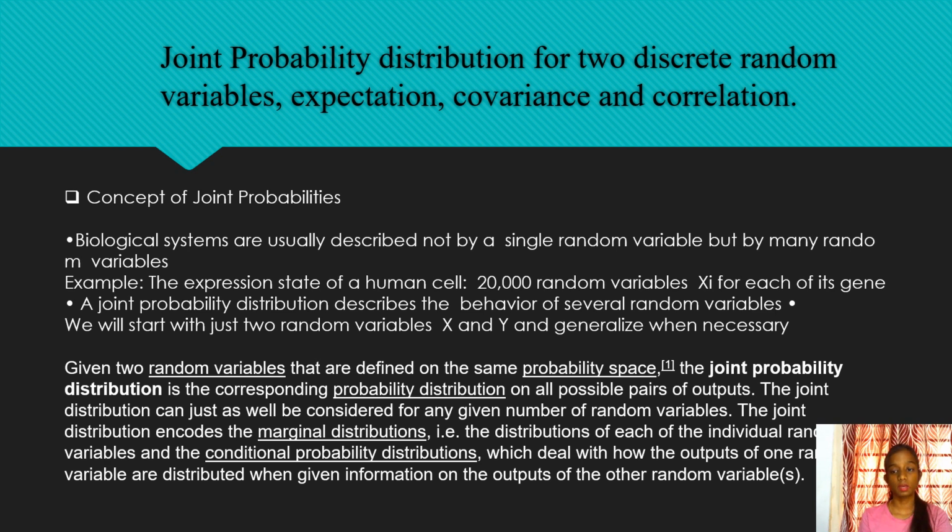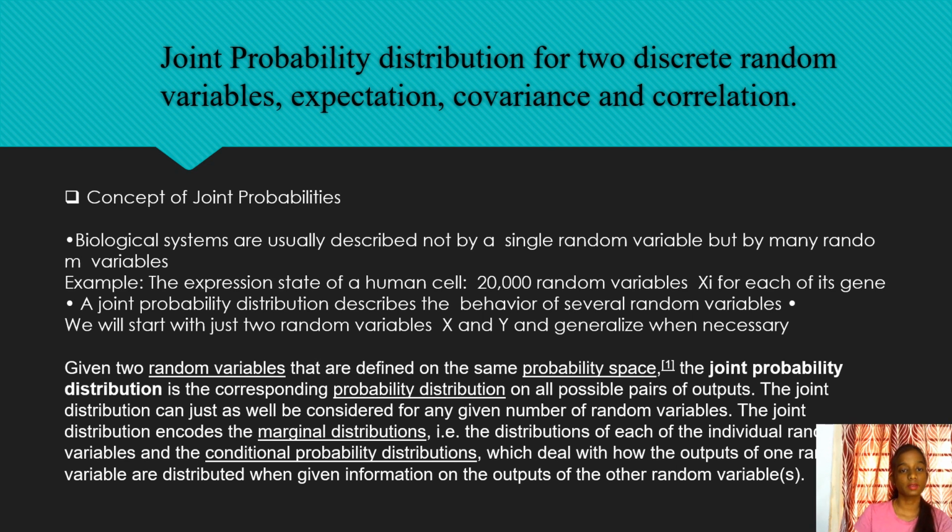On all possible pairs of outputs, the joint distribution can just as well be considered for any given number of random variables. The distribution can encode the marginal distributions, that is, the distributions of the individual variables, and the conditional probability distributions, which deal with how the outputs of an individual variable are distributed given the information on the outputs of other random variables.